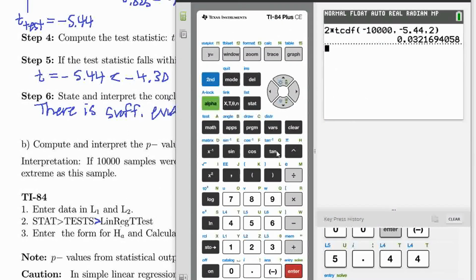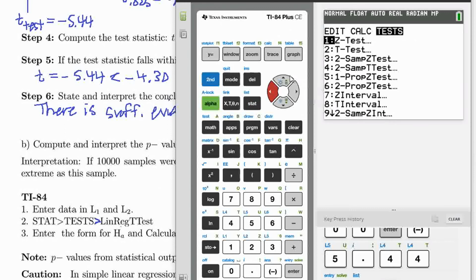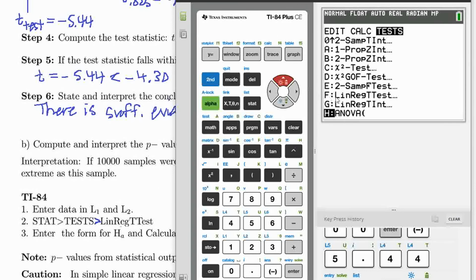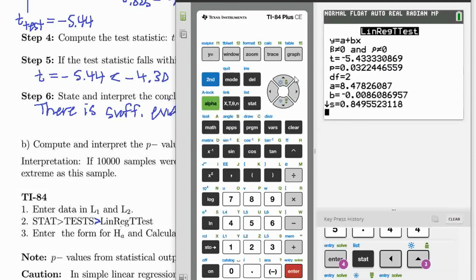So let's go to the calculator, stat, tests, and then lin reg t-test is way down at the bottom. I'm going to arrow up. So right there, option F. Enter. List 1, list 2 for X and Y. Make sure that we're doing a not equal test, two-tailed test. So that's already highlighted. Come down to calculate. And we're testing beta not equal 0.